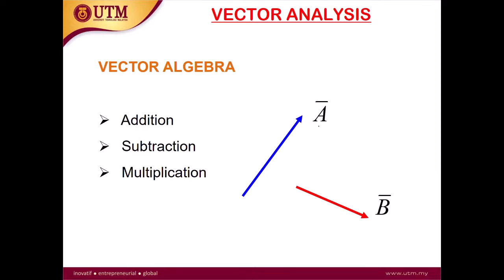Vector A, the blue color, is in this direction, and then we have vector B going in this direction. We want to do addition, subtraction, and also multiplication between these two vectors.